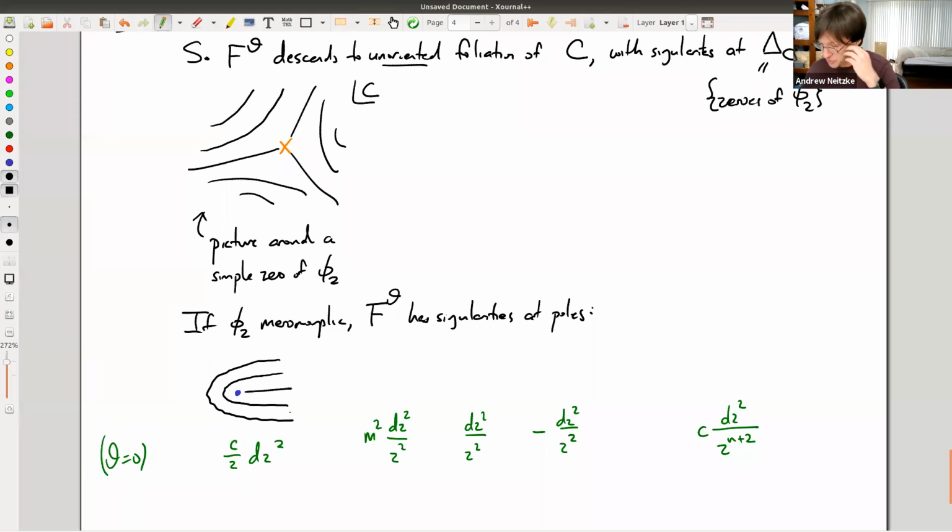So a simple pole is in some sense almost invisible. But once you start having higher order poles, they tend to attract the trajectories. So if the residue is some random number, the typical behavior, the trajectories kind of spiral in.